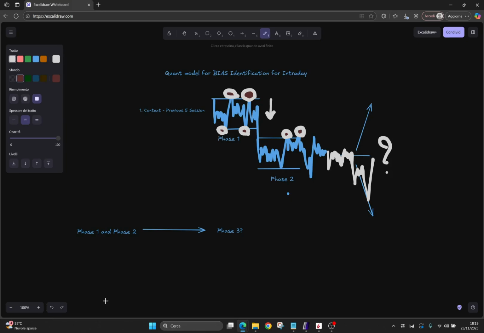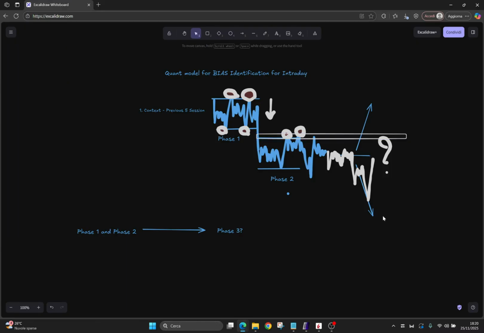Now, if we accepted value here, what we can expect is that price will revert from major points. Three major points that you need to have marked on the charts. So, if we are opening here, and this is the previous session, the last point of extreme protection of the sellers is this one. Is it clear for everyone in the chat?